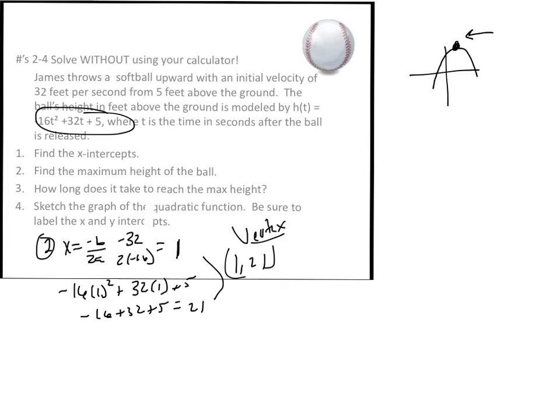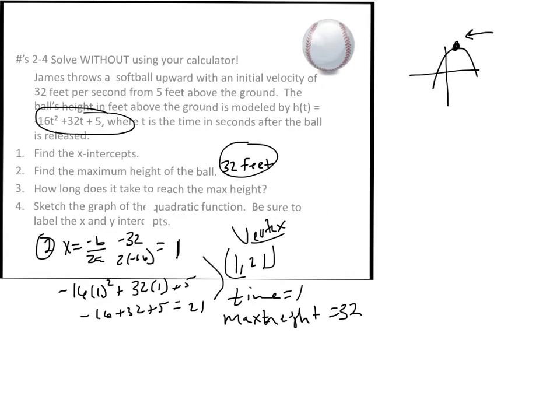That also tells me that the max height is the y value, and the time to get there is the x value. So the y value is our height, and the x value is our time. As far as the max height of the ball, number 2, that's going to be 32 feet.